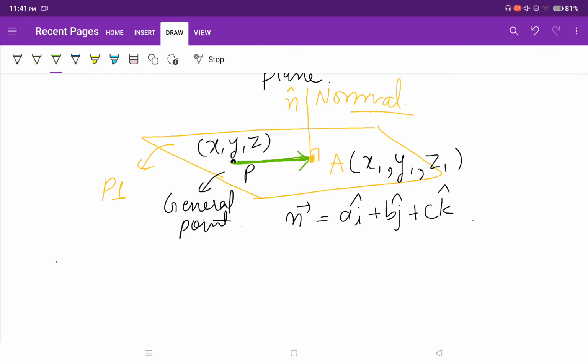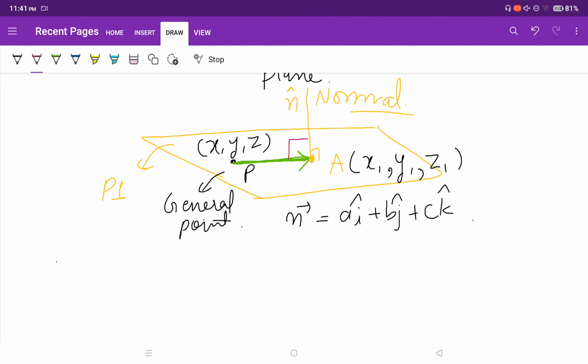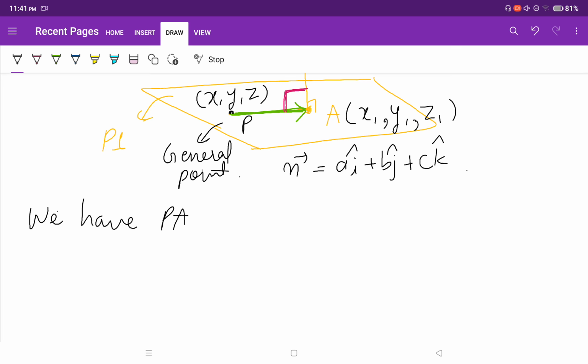But the important point here is that PA vector is perpendicular to N vector. Right?